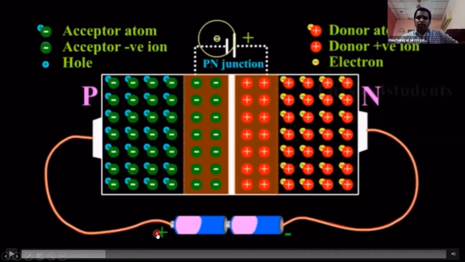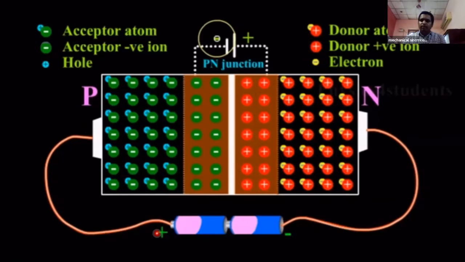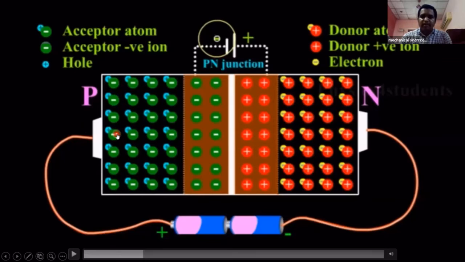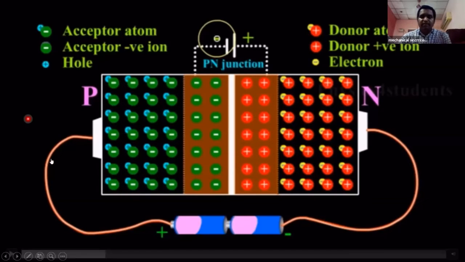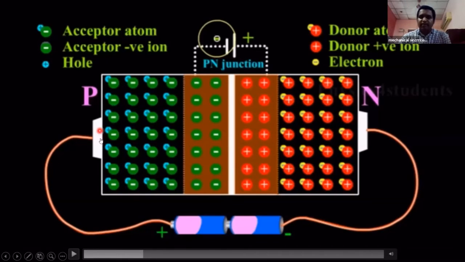Same poles repel and opposite poles attract. So there is a repulsive action between these poles, that causes the movement of the P-type holes towards the barrier.